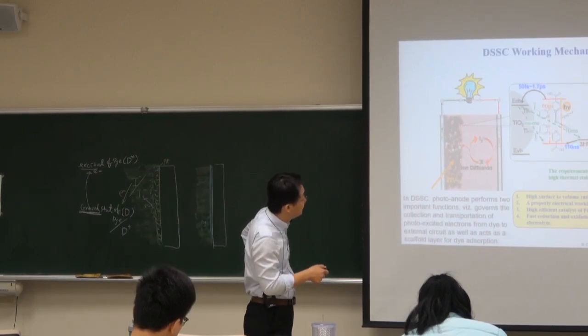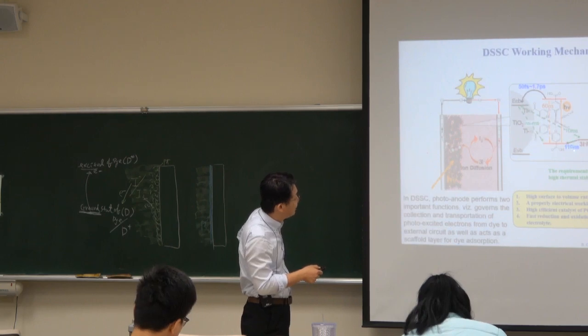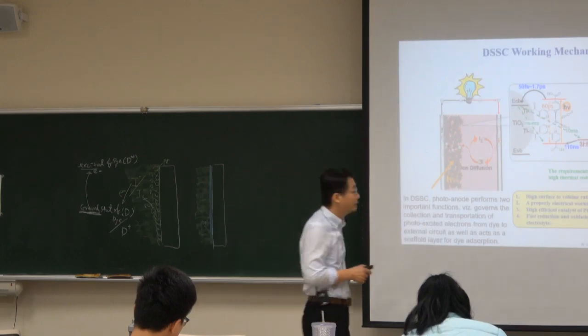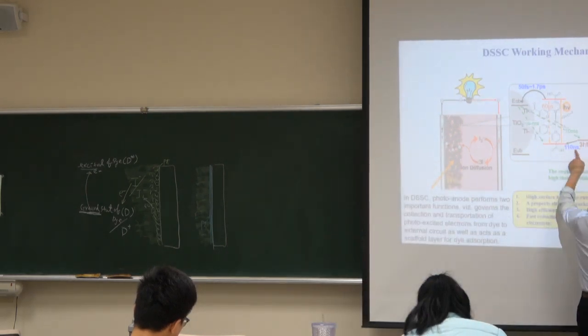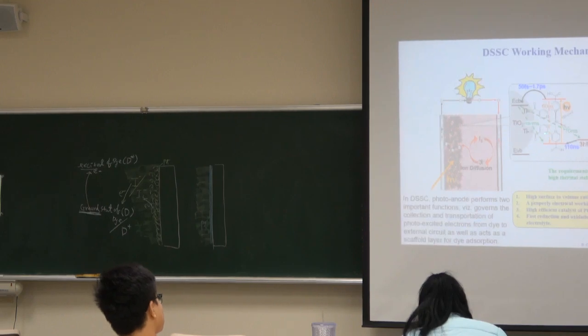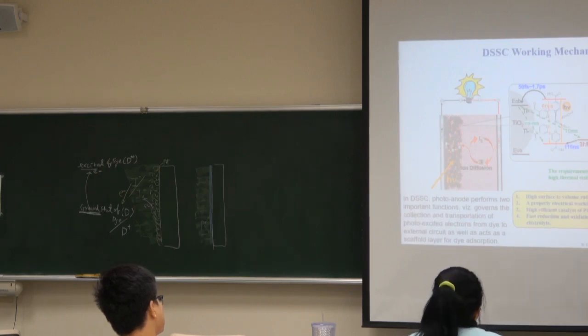Here it is about 110 nanoseconds on average for the electrolyte. If we can deliver in less than 100, you can send the electron to the oxidation state of the dye very fast, which means the reduction and oxidation will be faster.